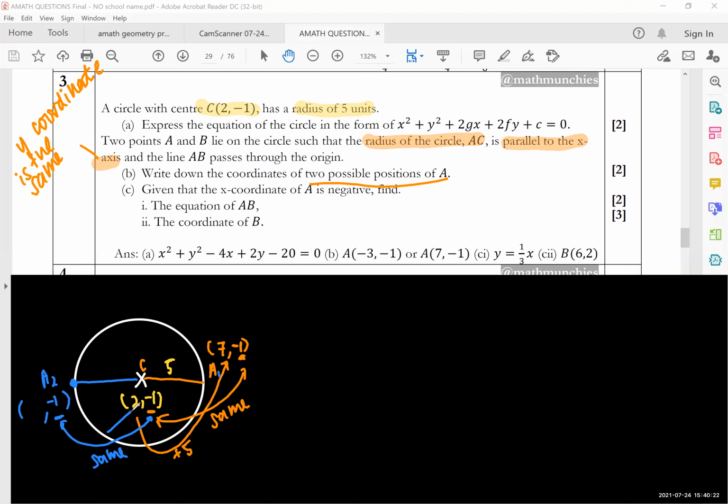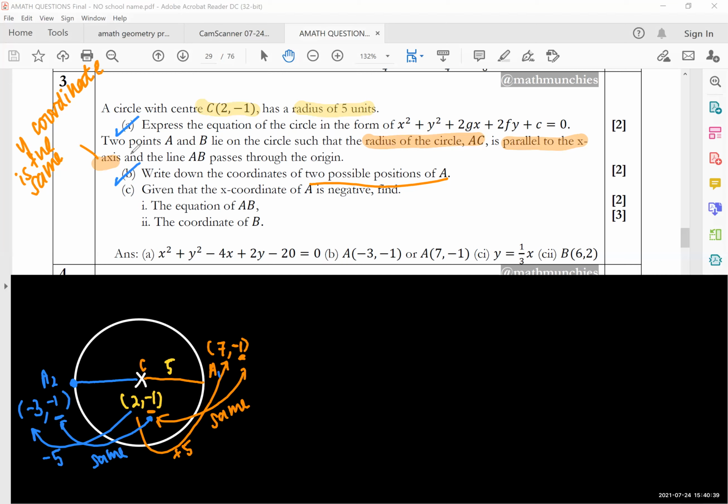The x is 2 minus 5, yes, minus 5 because the radius is 5. So 2 minus 5 gives me -3, -1. Yes, and that's how I get B. So I'm done with A, I'm done with B.